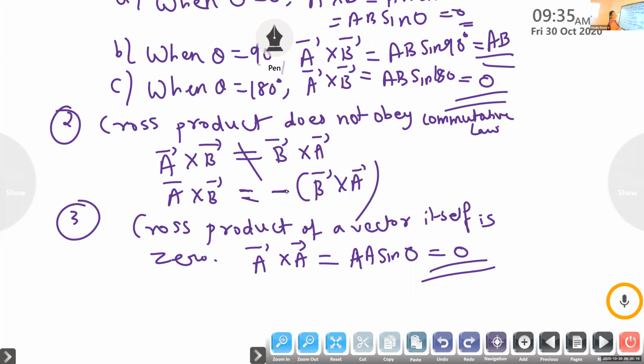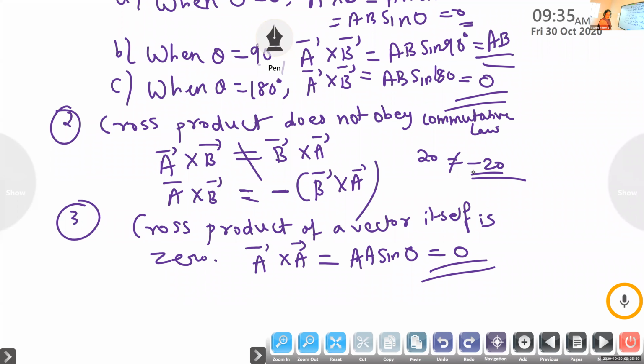It is the negative of B cross A. According to the commutative law, A cross B would be equal to positive B cross A. But here A cross B is not obeying the commutative law, but it is obeying the negative identity. We call it the negative identity. That is why if you find A cross B, and when you find B cross A, suppose you are getting the answer 20, then your answer is going to be minus 20, not plus 20. That's why. 20 is not equal to minus 20. Clear? So that's why.